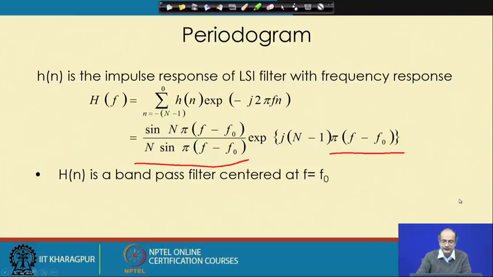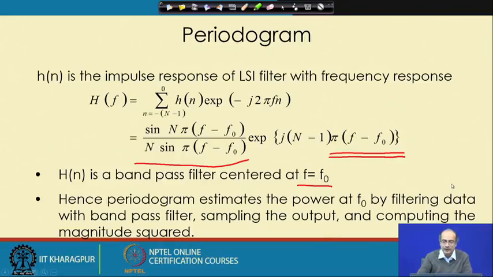Now, what we interpret from here is that h n is a band pass filter centered at f equal to f 0. From this we get that it is centered at f equal to f 0, and h n is located at frequency f equal to f 0.